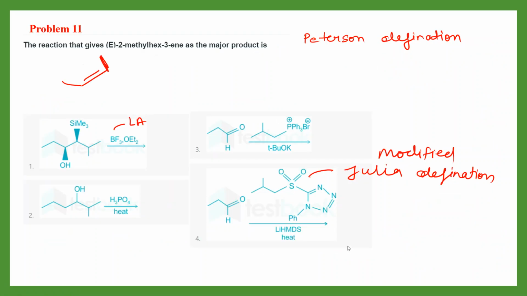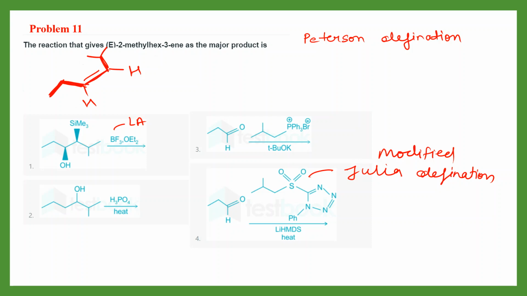So now tell me, in option number A, we will get E alkene or Z alkene? Z alkene. Here let me put H, isopropyl. Correct, students?